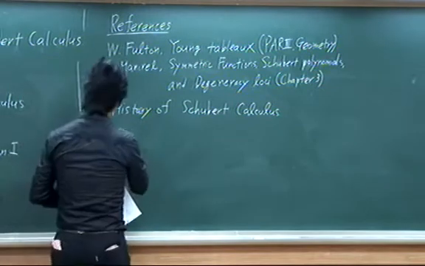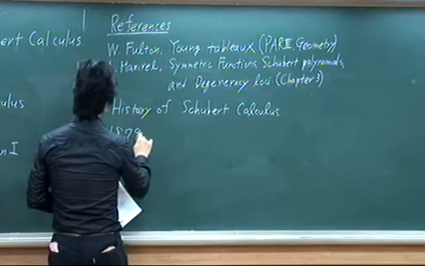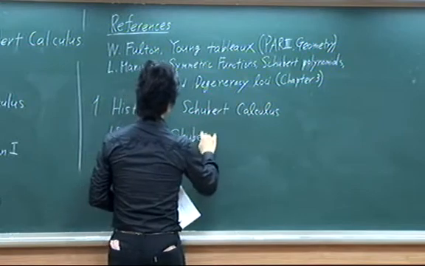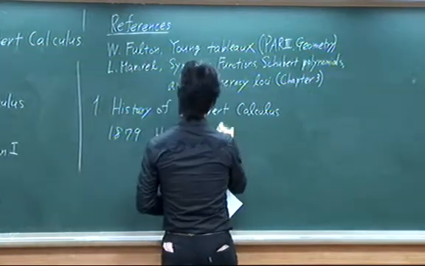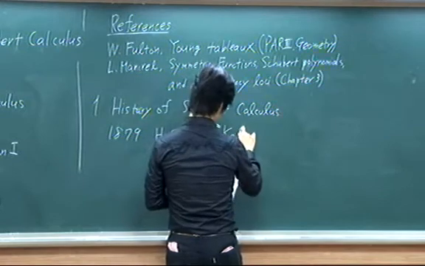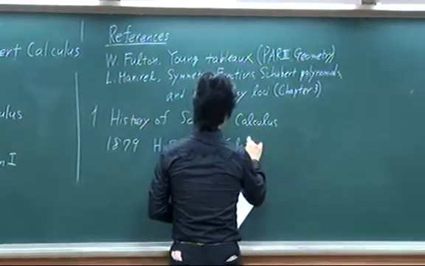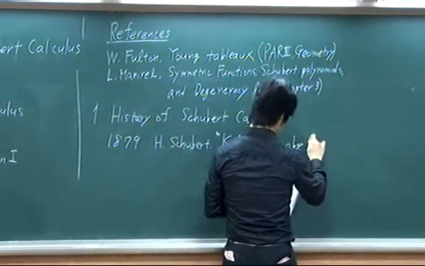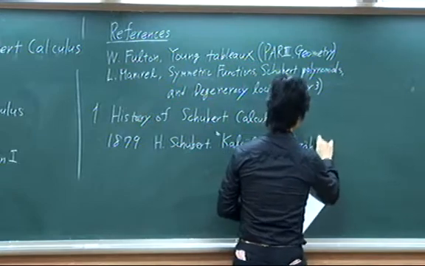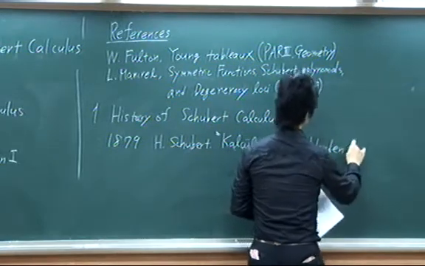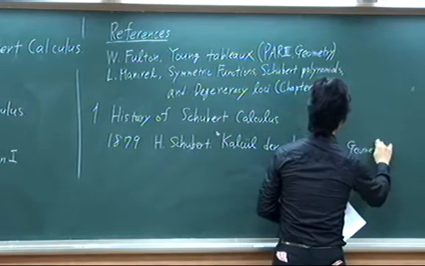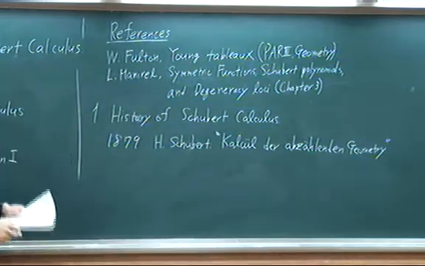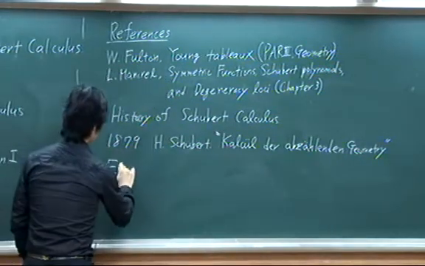So in 1879, Hermann Schubert published his calculus of enumerative geometry. He studies enumerative geometry.